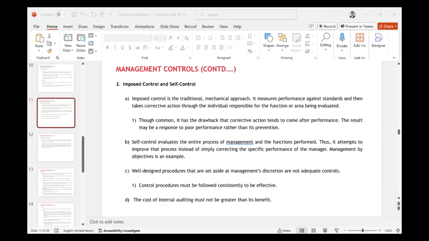So that is the principle. Just get that into your head. Self-control is where you exercise restraint for your own actions. Imposed control is control imposed from outside, and then it's a matter of complying with it. When it's self-control, it's within and you convince yourself. So just keep that in mind.